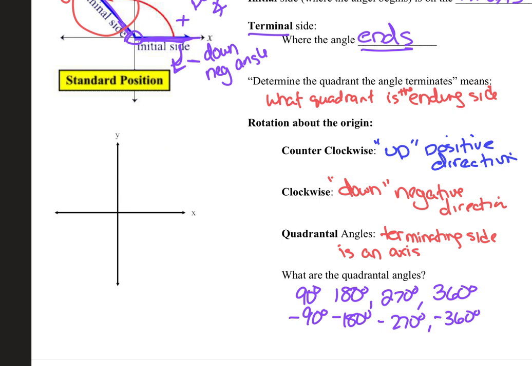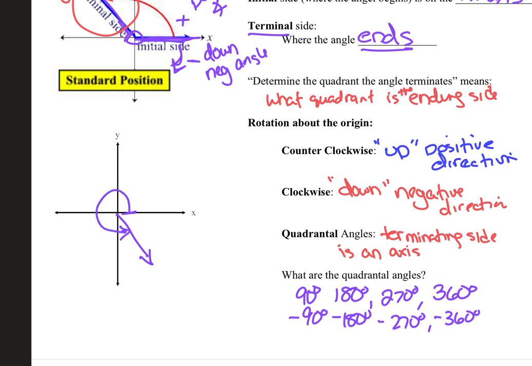So if I were to draw an angle here, when you draw an angle in standard position, you have to draw the terminating side and you have to draw the little swoosh. The little swoosh is the angle that we start here. We start at the x-axis, and if it was positive, we go up and we swoosh around.